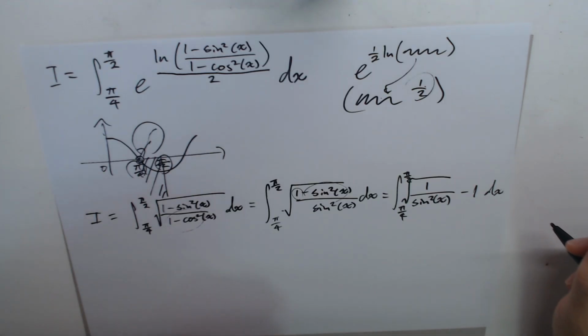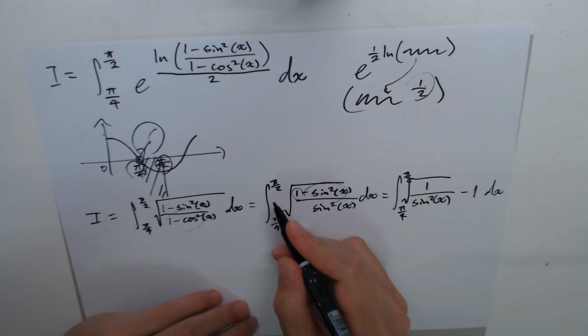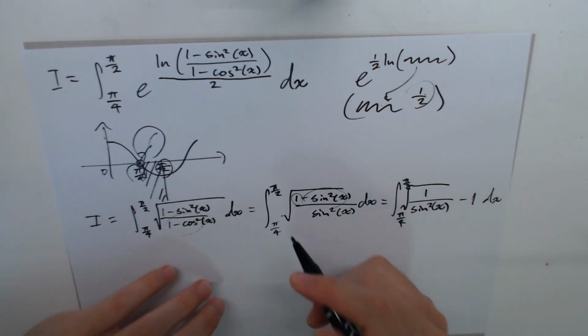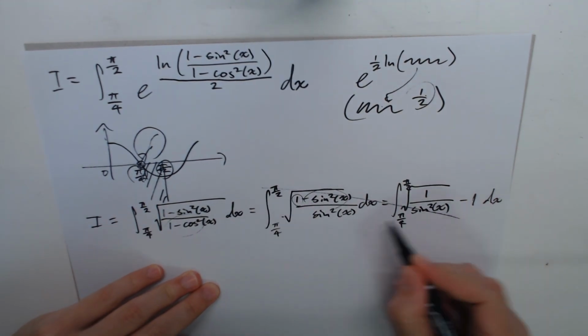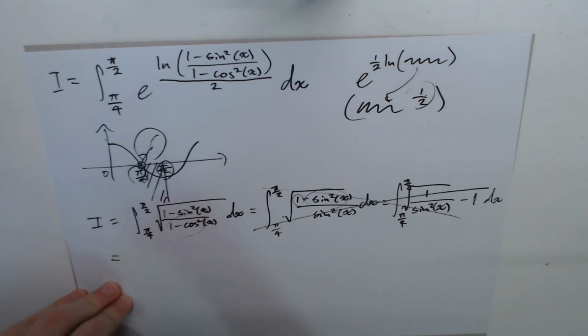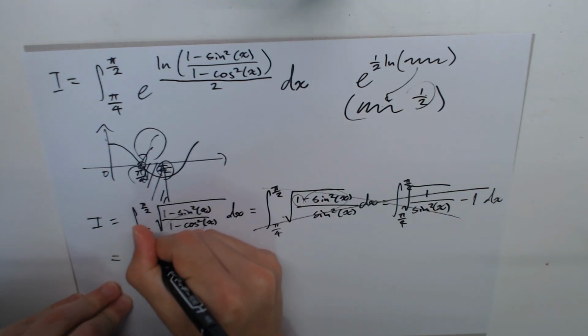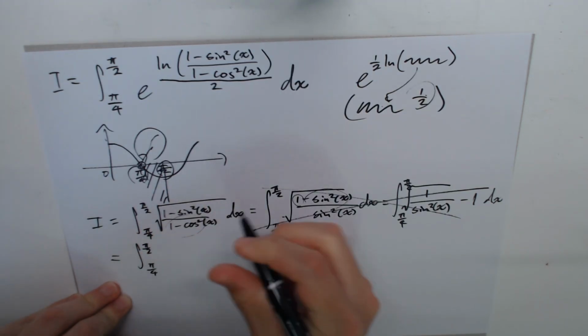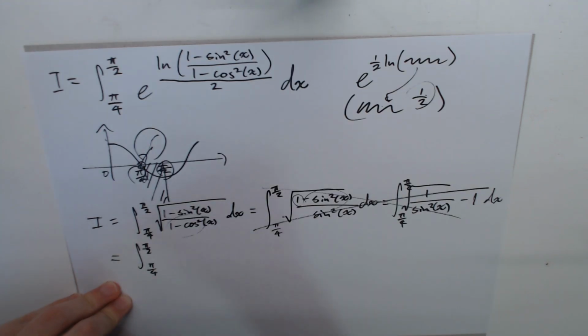Oops, no, that's wrong. Okay, no, this is not how you would do it. You probably just use cosine squared up here. So we would probably just turn this into a tangent, or rather a cotangent.